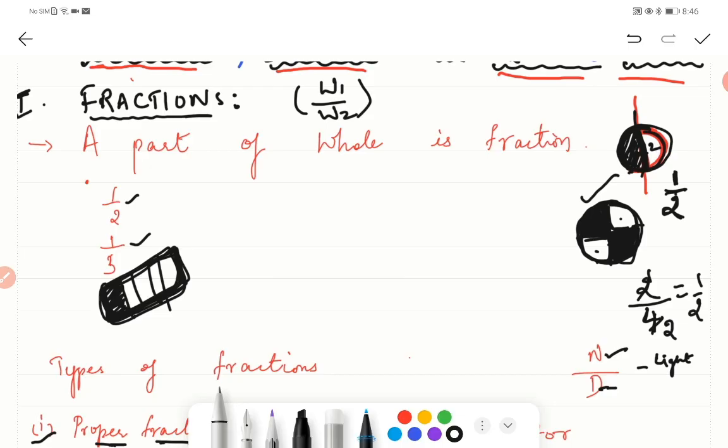Are they proper fractions? Yes. In 1 by 2, the numerator is 1. 1 is less than 2, isn't it?